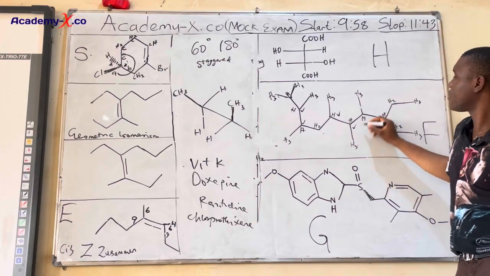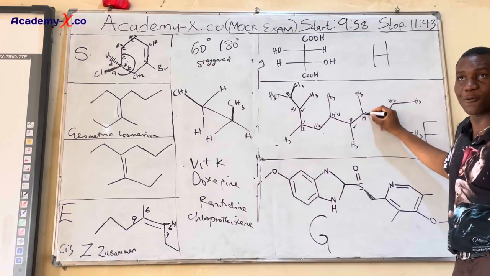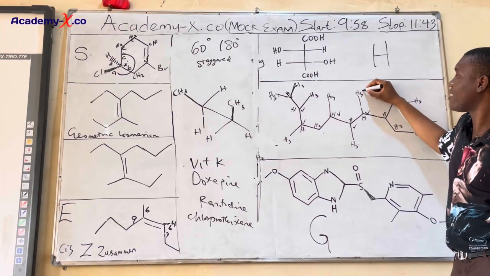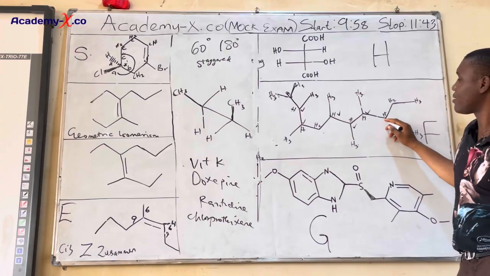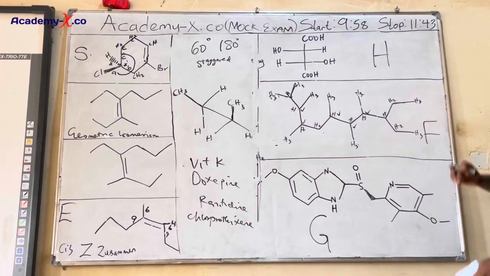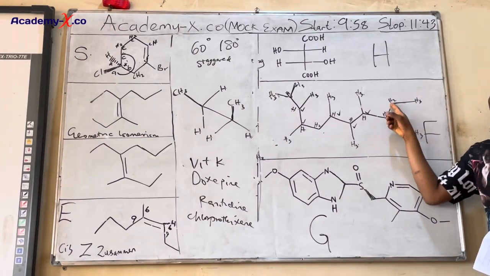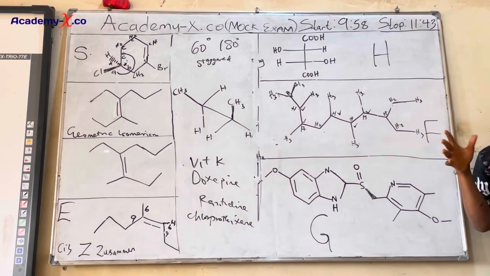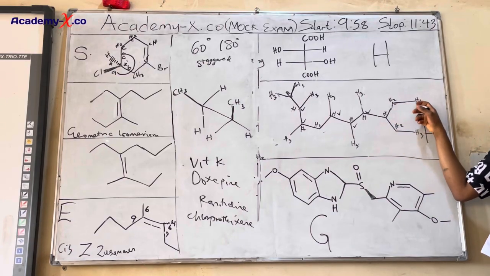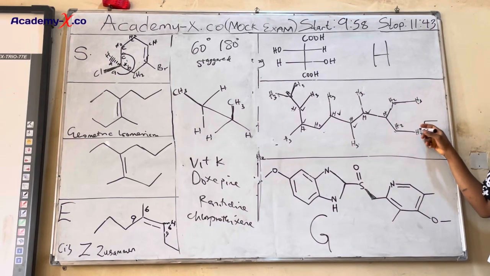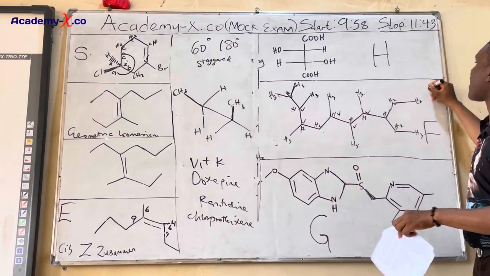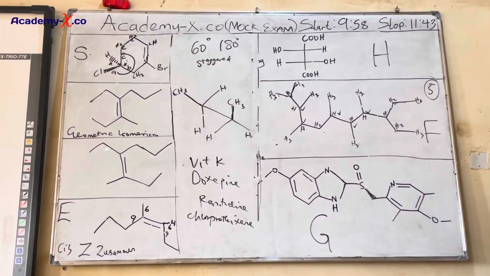Disqualified. Why is this one disqualified? Because it has two branches that look alike. So automatic disqualification. Is this one disqualified? Yes. This one. This one. So the number of groups I have is 1, 2, 3, 4, 5. So 5 stereocenters.